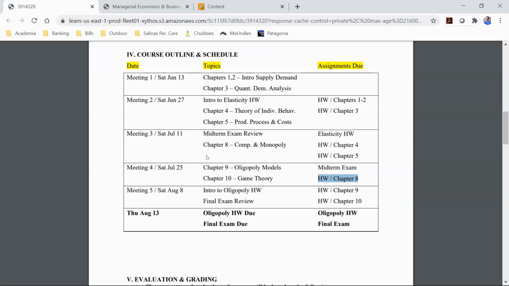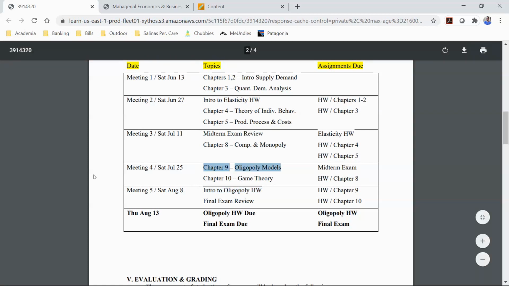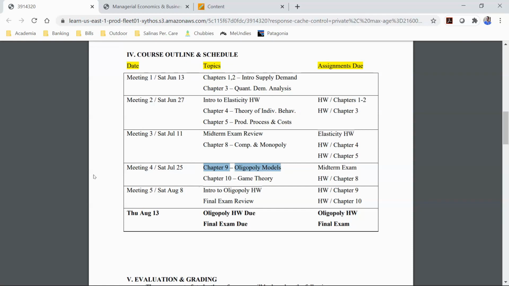Today, we're going to do Chapter 9 in your textbook on some oligopoly models, and also Chapter 10 in your textbook on game theory. So a whole day of oligopoly. Next time, you'll have the Chapter 9 homework to do, which we'll review today, and the Chapter 10 homework.